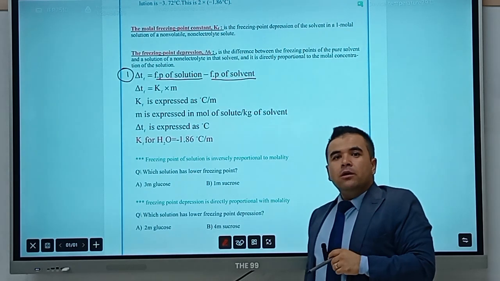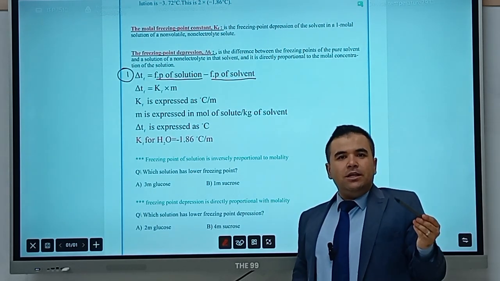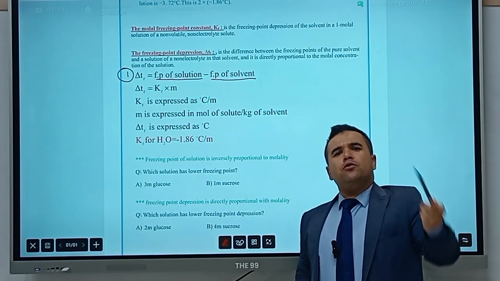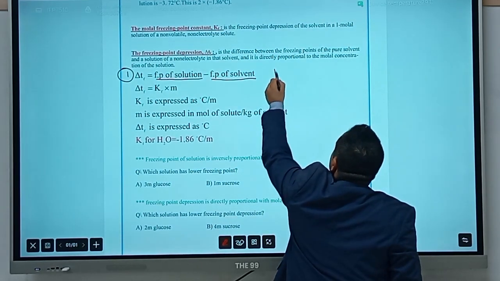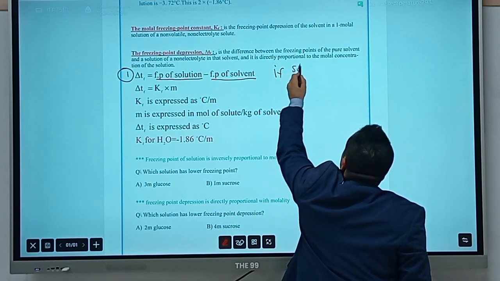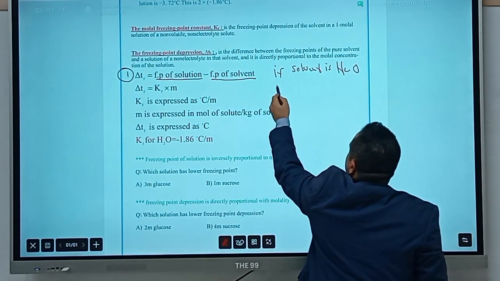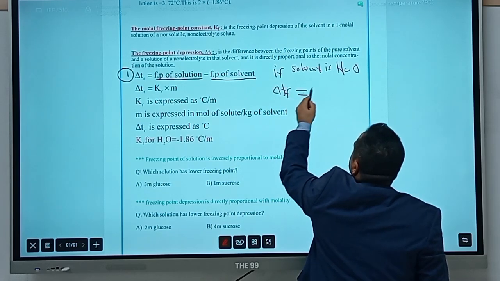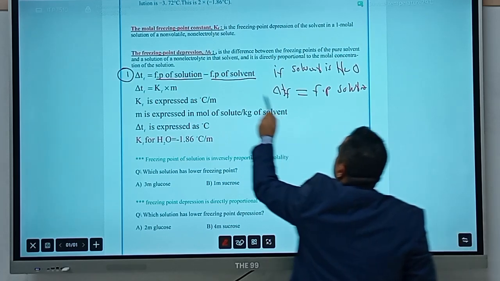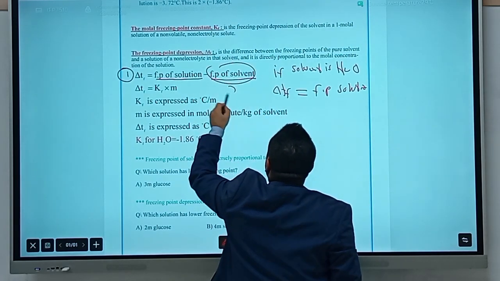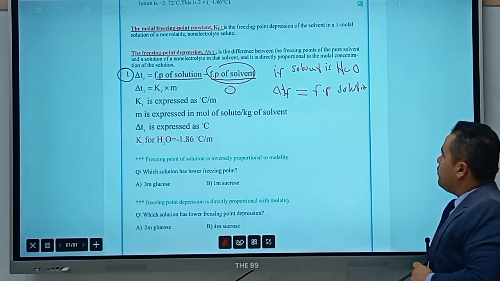This can be used when you want to calculate the freezing point of solution through the delta TF, or delta TF through the freezing point of the solution. And guys, if the solvent is H2O, delta TF equals the freezing point of solution. Why? Because the freezing point of solvent will be 0, and then delta TF equals the freezing point of the solution.